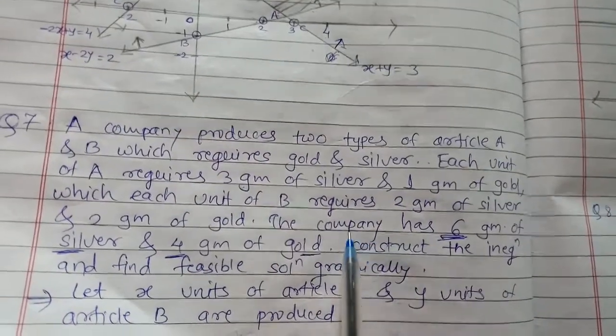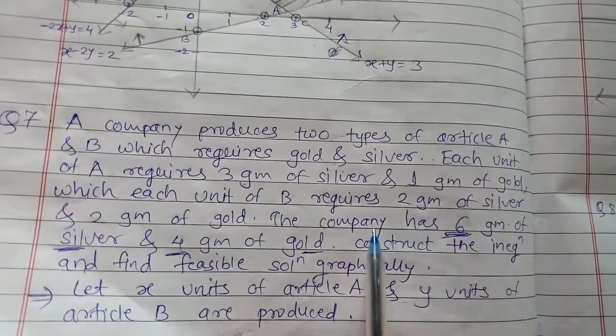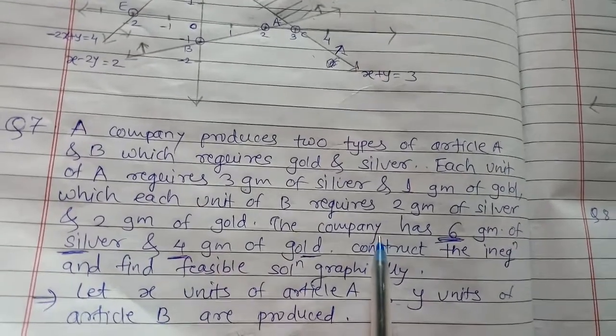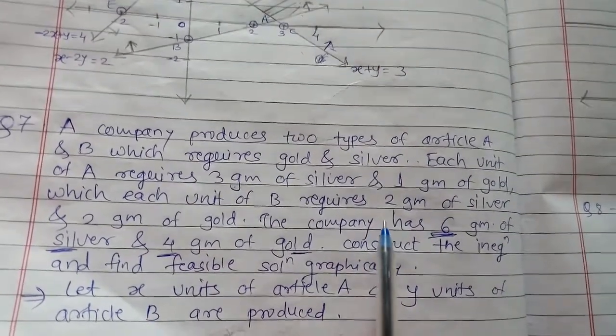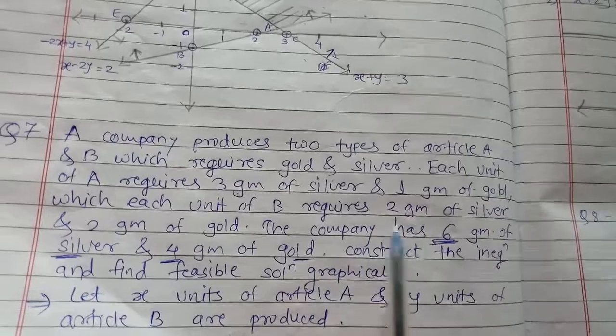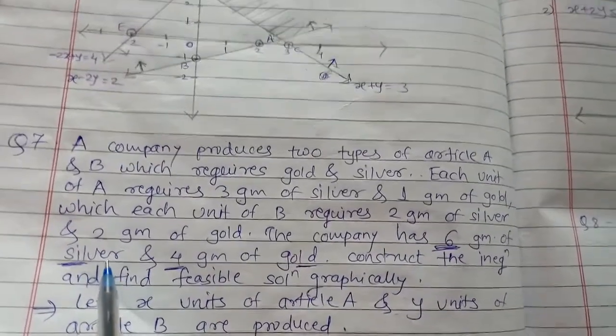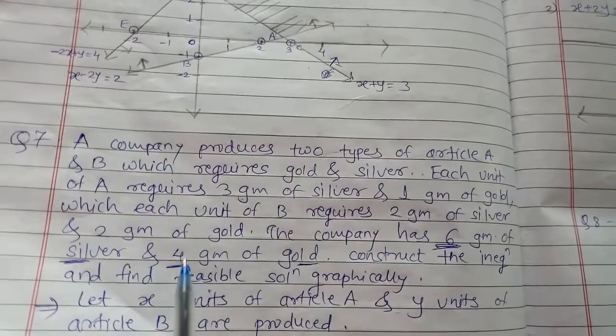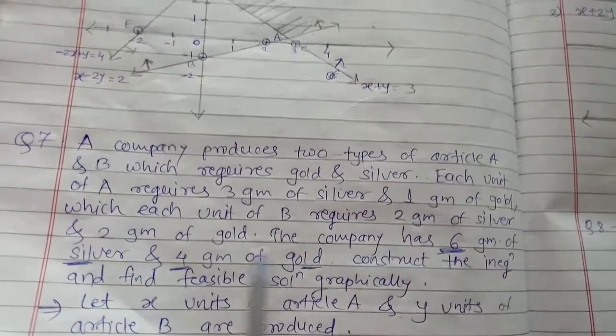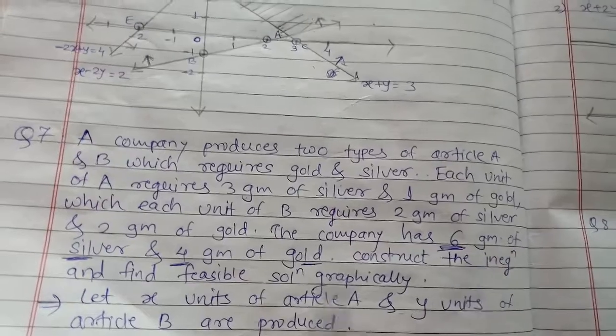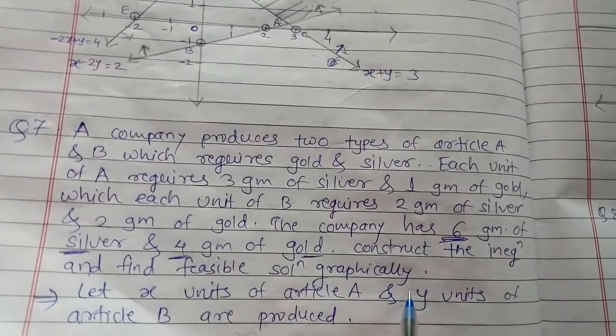These are the limits, the constraints or restrictions, of the company. So construct the inequation and find the feasible solution graphically.